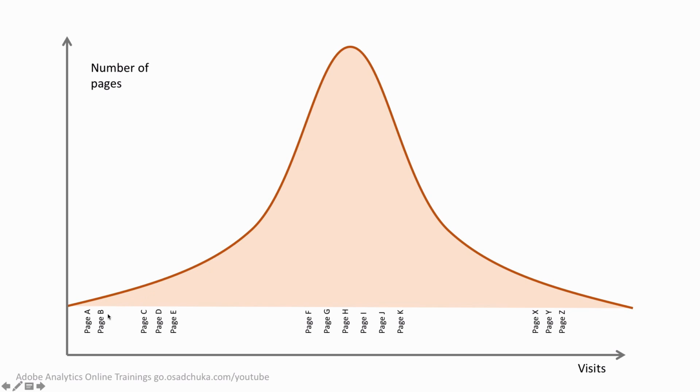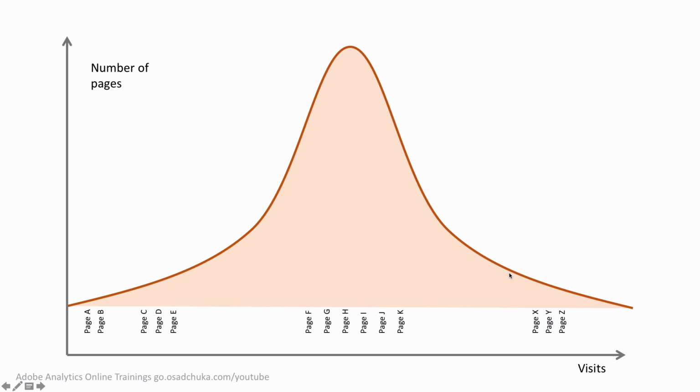However, there are pages on the left, in this part, that have only few visits. There is a small number of such pages. So, for example, there are maybe some pages that can be viewed only once or a couple of times per week. And these pages are here. And there are some pages that may have more visits, and there are a bit more pages with a high number of traffic. And there are pages that are visited very frequently, and they are on the right.